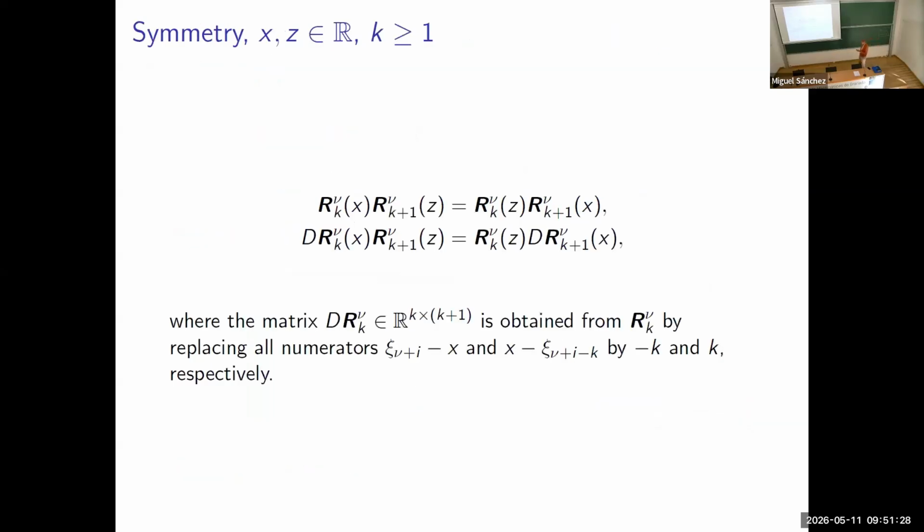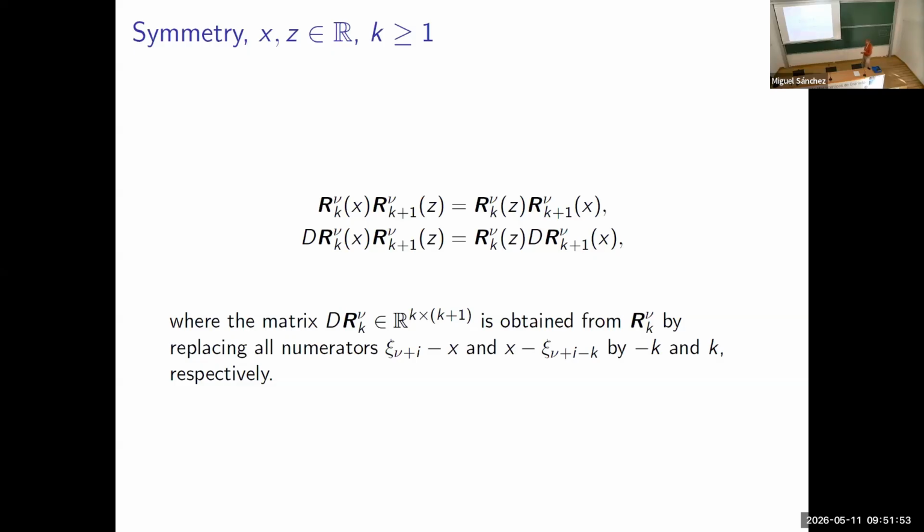And then you get this symmetry relation for the derivative DRk, which can be switched at x and z. You can switch x and z also for the derivative with respect to x, but here it's k plus 1 in this case.